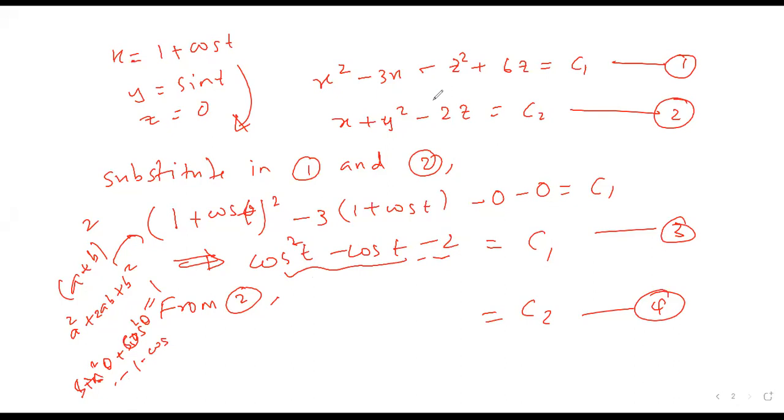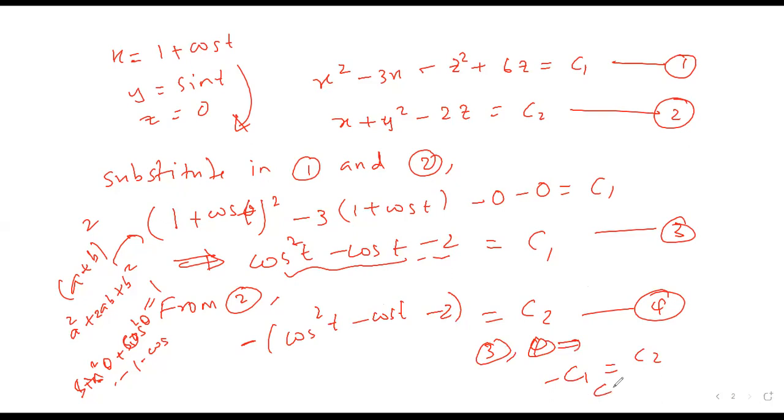If you do some more simplification, you will get minus cos square t minus cos t minus 2, something like this. So from this 3 and 4, we can conclude as minus C1 is equal to C2.